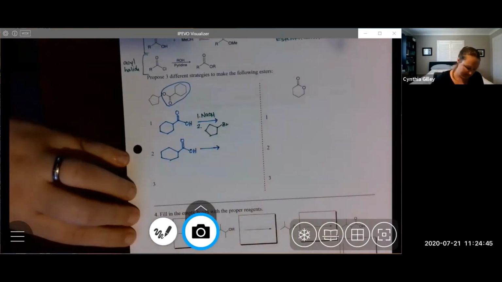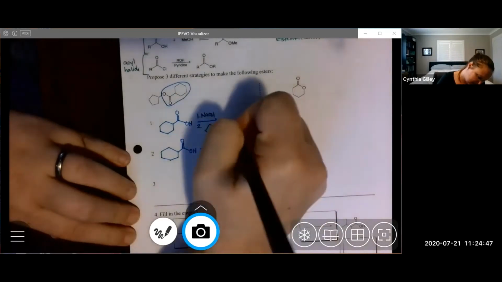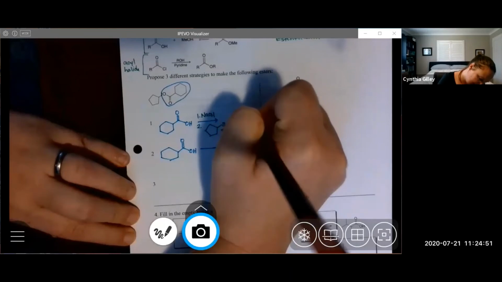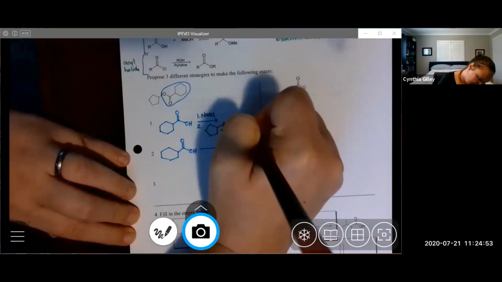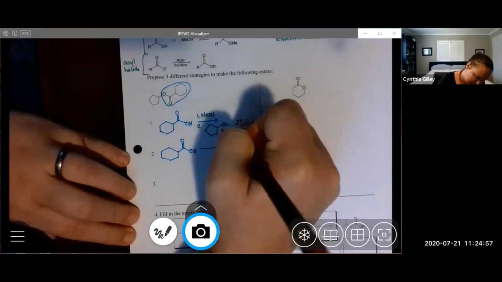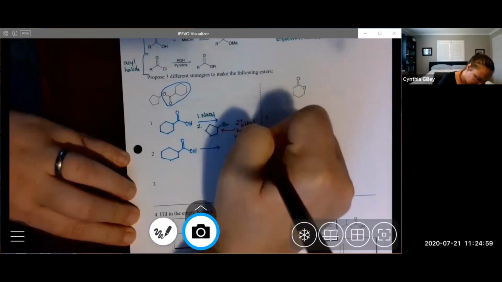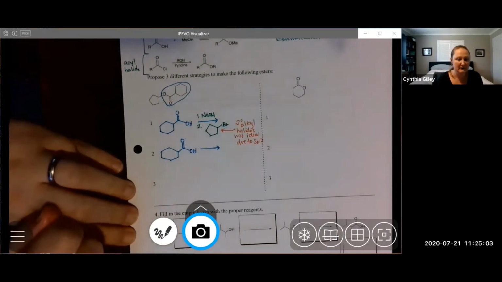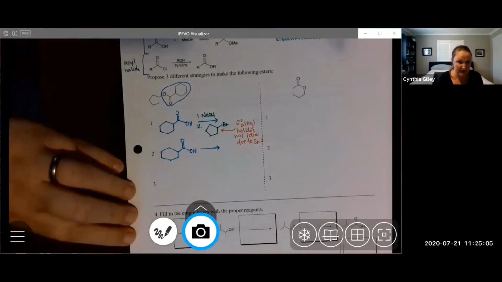So we'll just put: secondary alkyl halides, not ideal due to SN2. So that is one option, although it is not a very good option in this case.